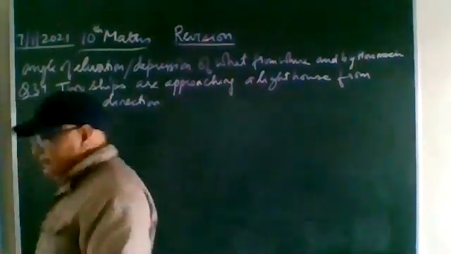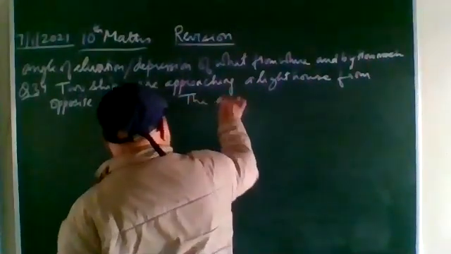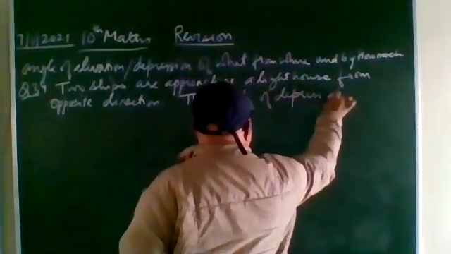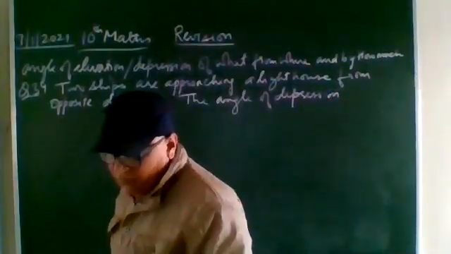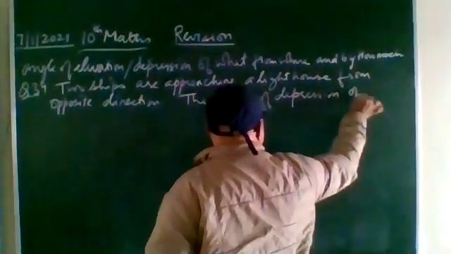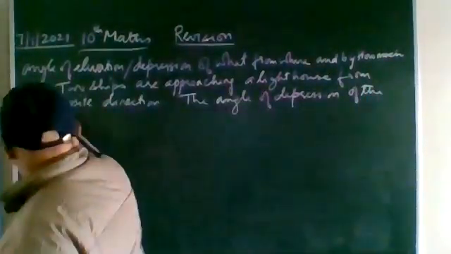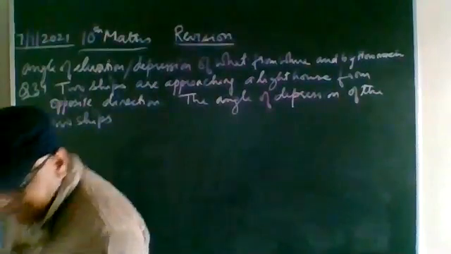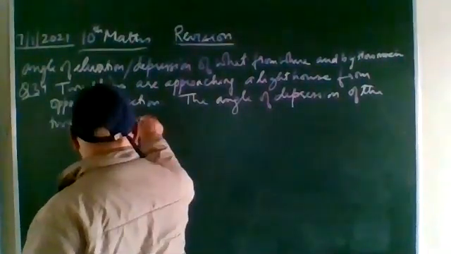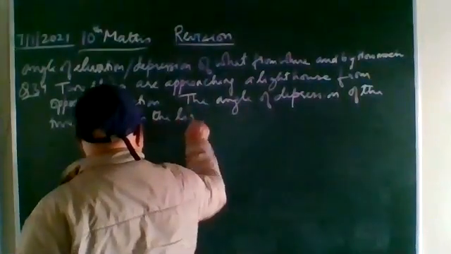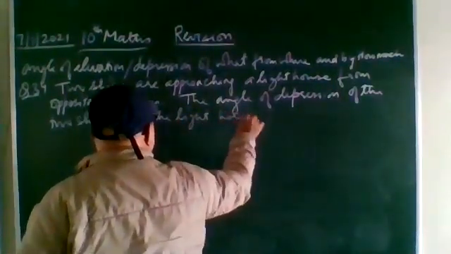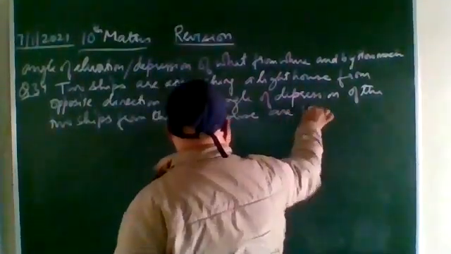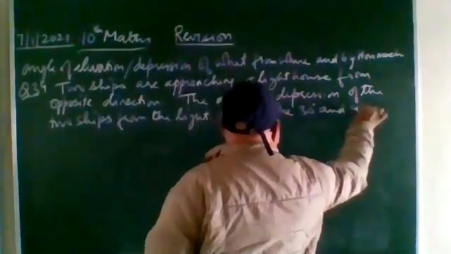The angle of depression of the two ships from the lighthouse are 30° and 45°.